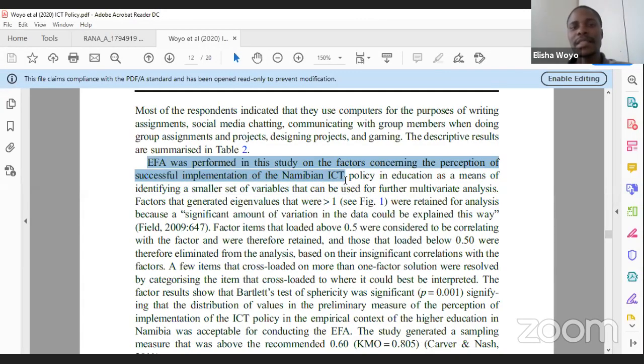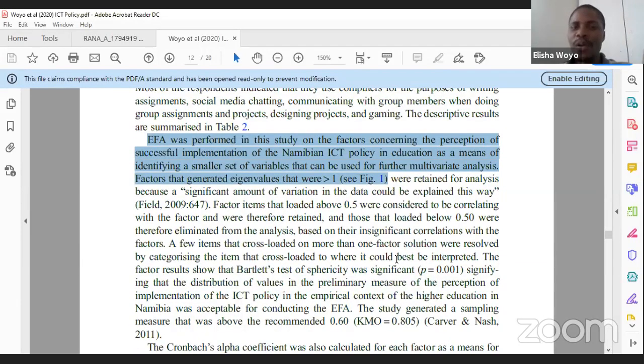In this example, I am giving the rationale of why we used this. We are simply saying exploratory factor analysis was used in this study as a means of identifying a smaller set of variables that can be used for further multivariate analysis. So we use factor analysis in order to do data reduction. There must always be a way of providing the rationale of why that was used.